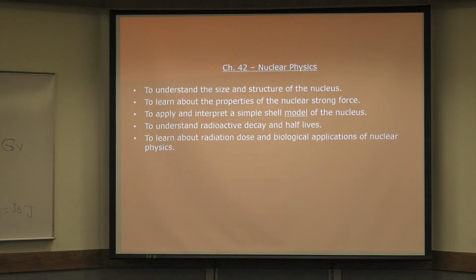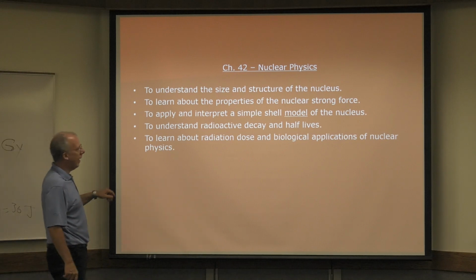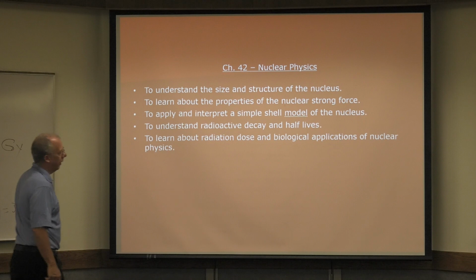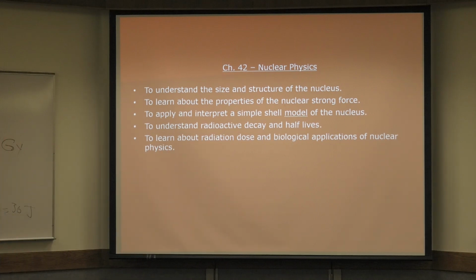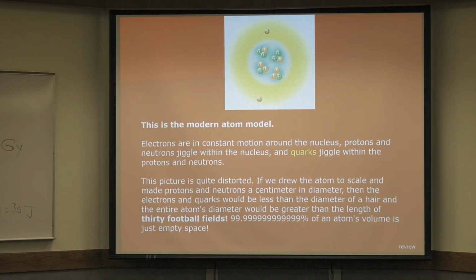Okay, so let's just review. We talked about the size and structure of the nucleus. We talked about the nuclear strong force. We talked about the simple shell model. We discussed radioactive decay, half-lives, and biological applications and radiation dose. So this is the modern atom. Electrons are in constant motion around the nucleus.